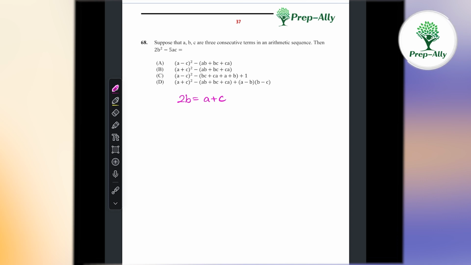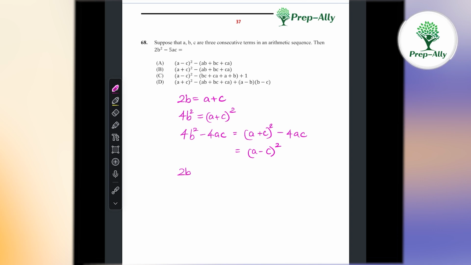And when we square both sides, we get 4b square equals a plus c the whole squared. And if we subtract 4ac from both sides, we get 4b square minus 4ac equals a plus c the whole square minus 4ac, which equals a minus c the whole squared.